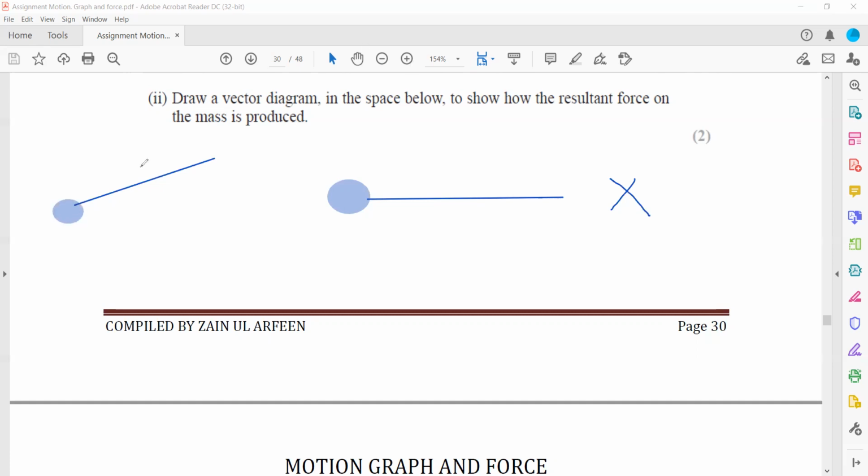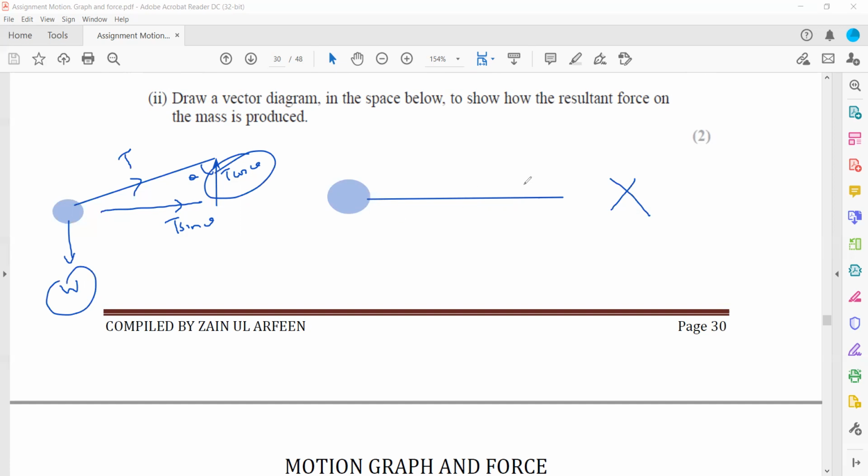Look, as there is tension in a string, this tension has two components: one is T cos theta, another is T sin theta, and the weight of this object is acting downward. So basically the weight is balanced with T cos theta.